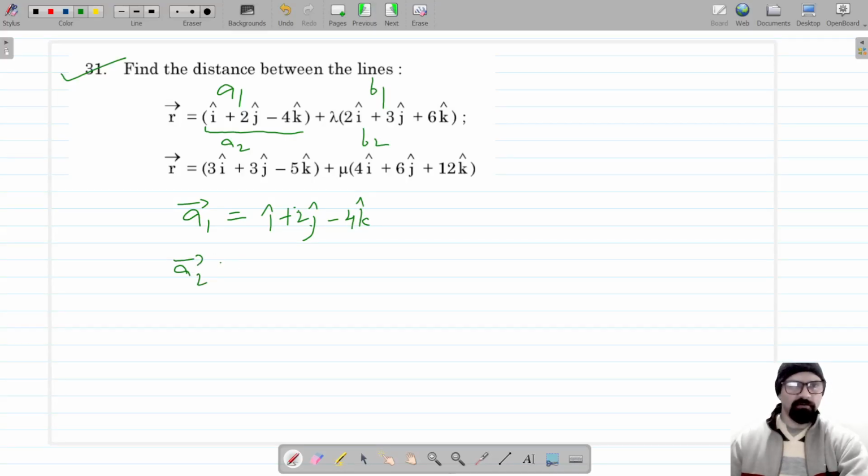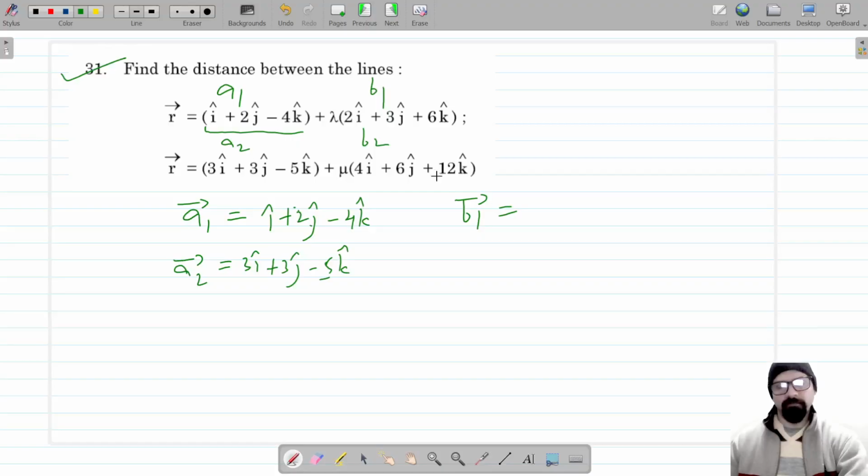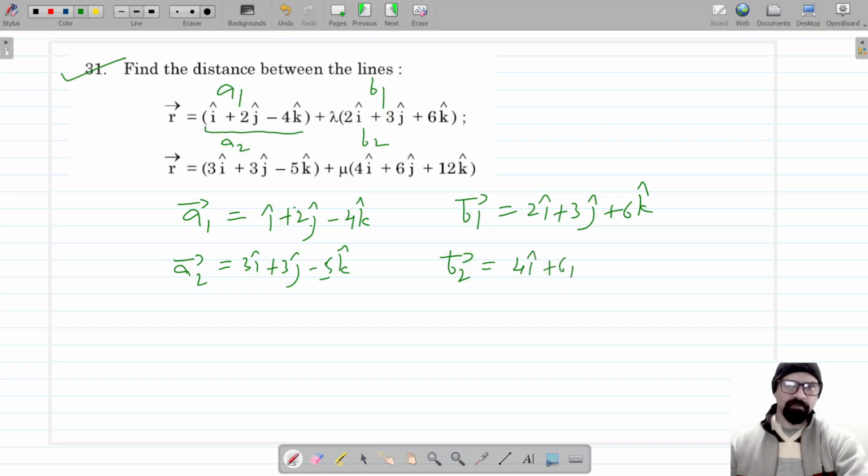And the position vector of the second line is 3i cap plus 3j cap minus 5k cap. And the vector to which this line is parallel is 2i cap plus 3j cap plus 6k cap. And B2 vector is 4i cap plus 6j cap plus 12k cap.